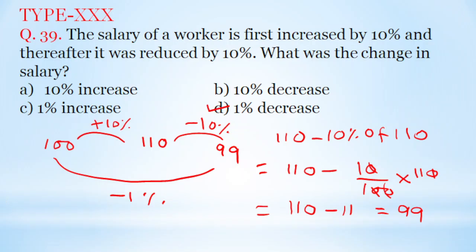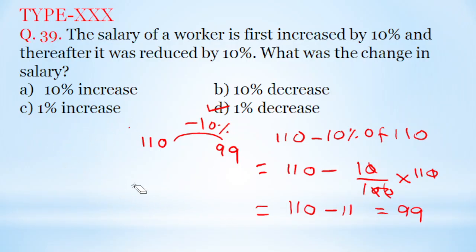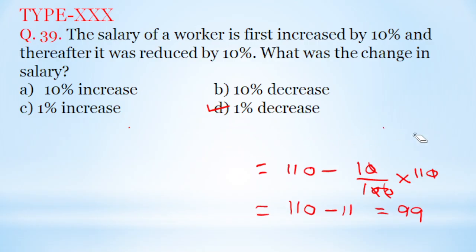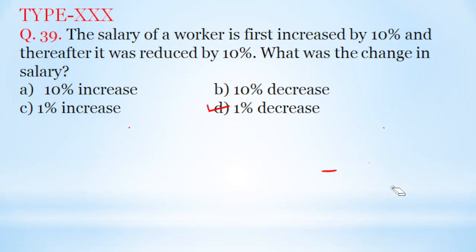Now one formula is there. Then what is that formula? Now when the numerical value of increase is equal to the numerical value of decrease, then in that case there is a decrease.